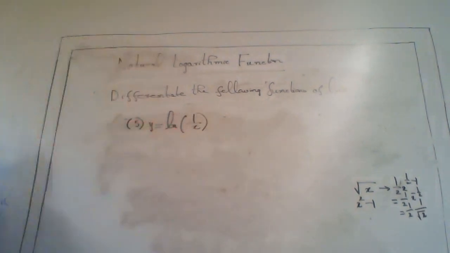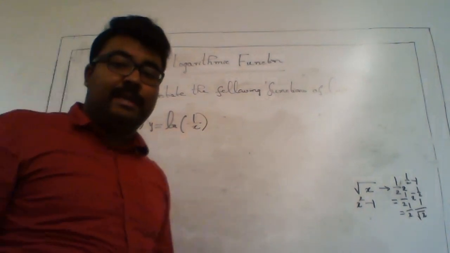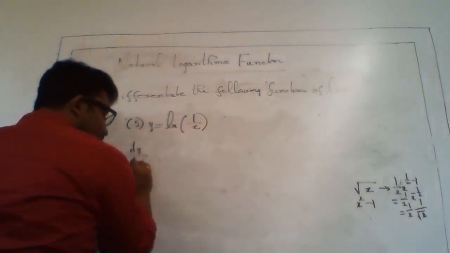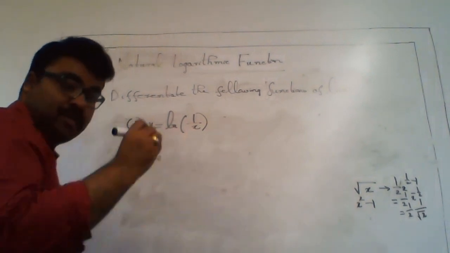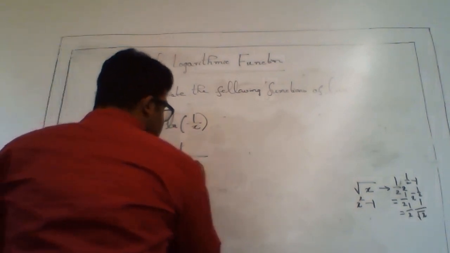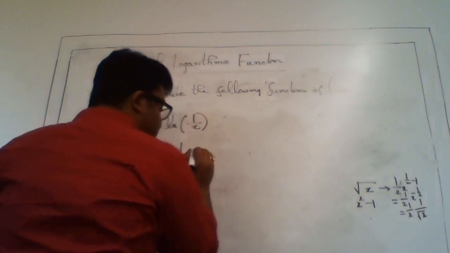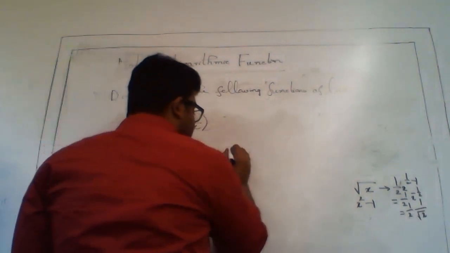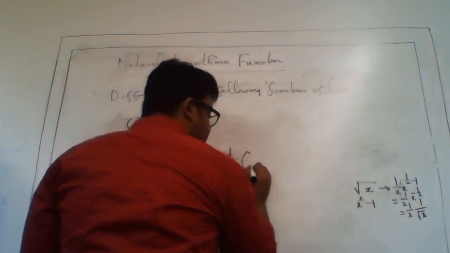So this is very easy. What is the outer function here? The outer function is ln x and the inner function is 1 over x. So dy/dx will be the derivative of the outer function, which is ln x, is 1 over x, so it should be 1 by x times the derivative of the inner function, d/dx of 1 over x.